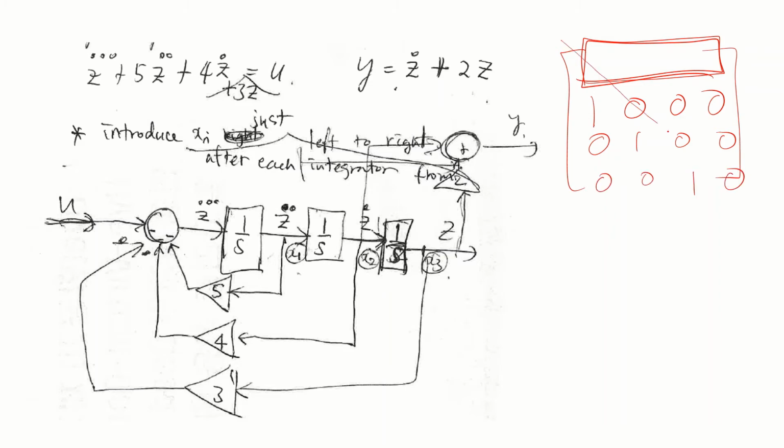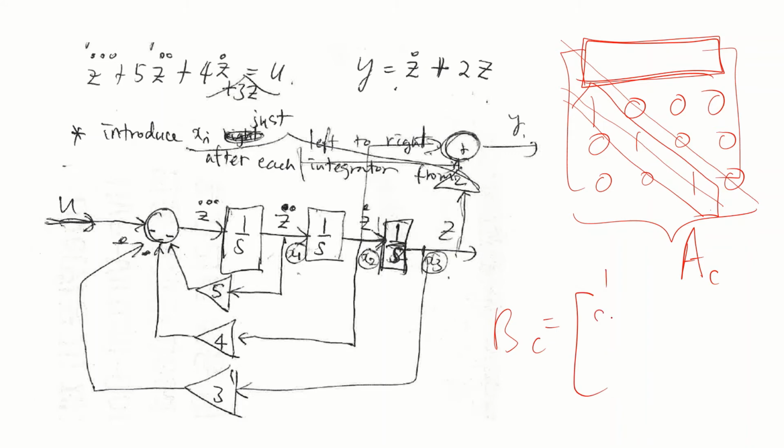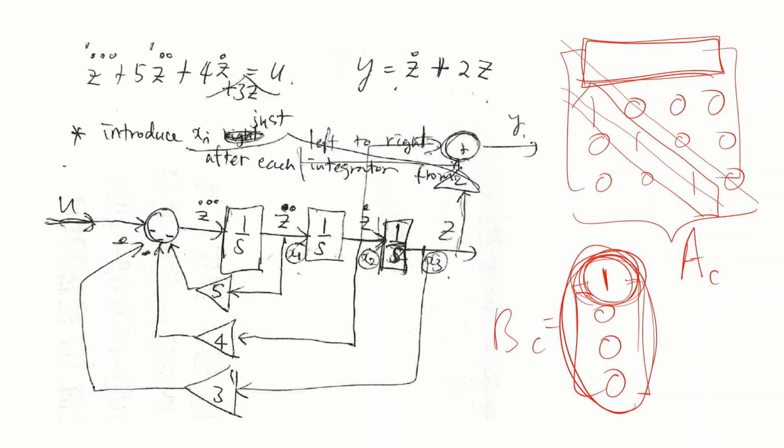So this is called the main diagonal, and this one is called the sub-diagonal. So you can see these sub-diagonal entries are all 1. That's the structure of the A matrix, AC. Okay, BC was simply 1, 0, 0, 0, a vector with a non-zero entry at the first place. That's just 1. So this structure is always the same for all cases.